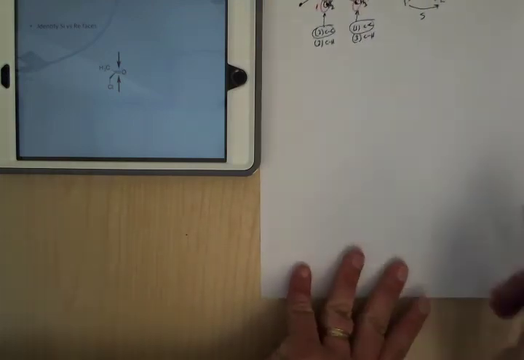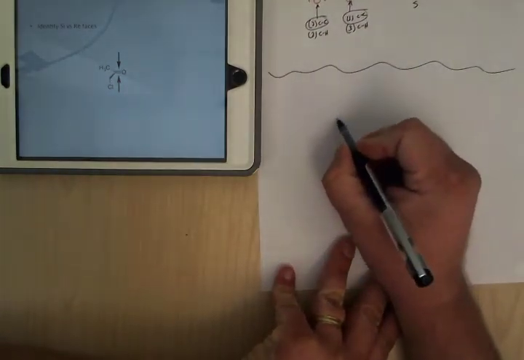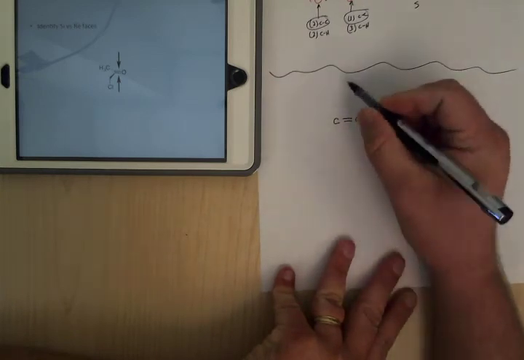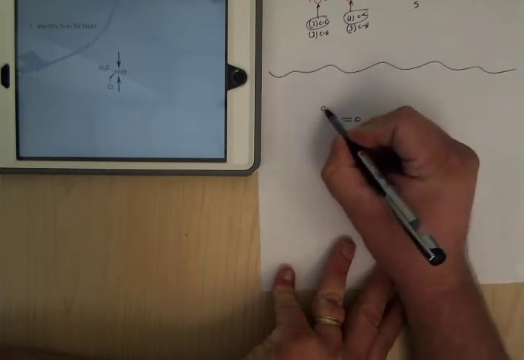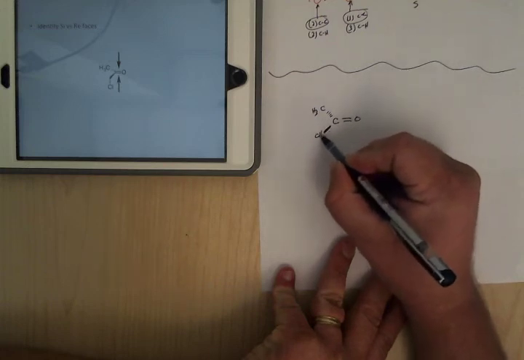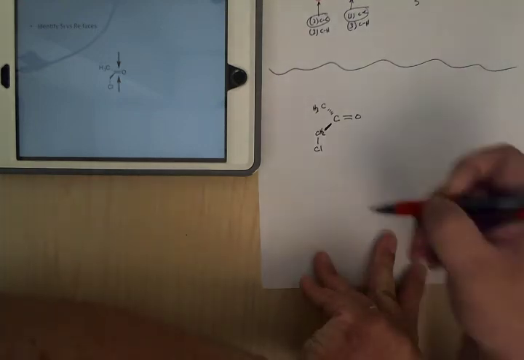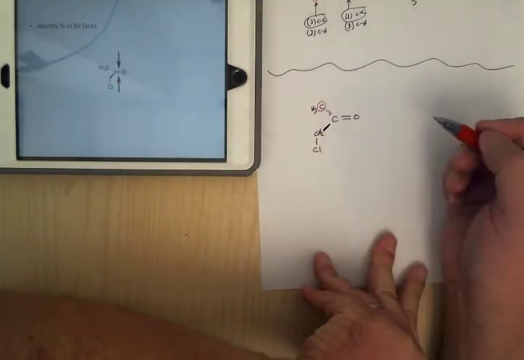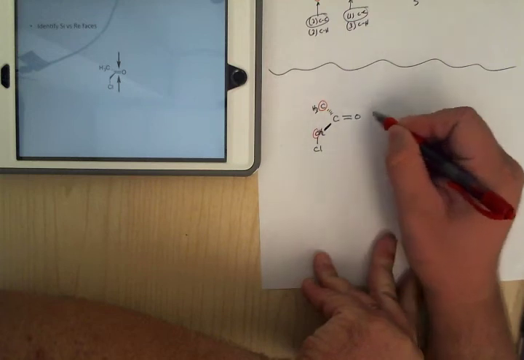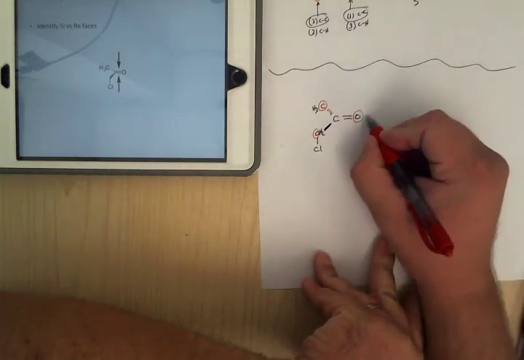Okay, Re and Si. Here we go. CH2 and then Cl. We have to assign the priorities. This is a carbon and an oxygen, so this is going to be 1.